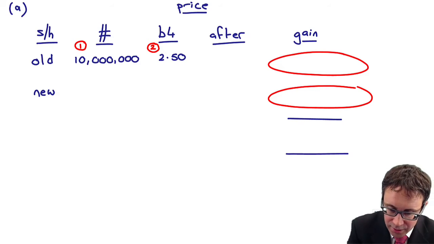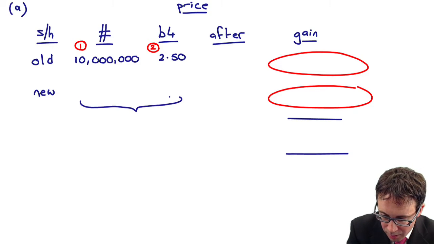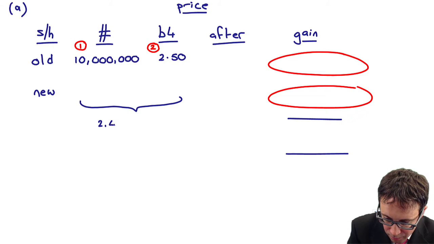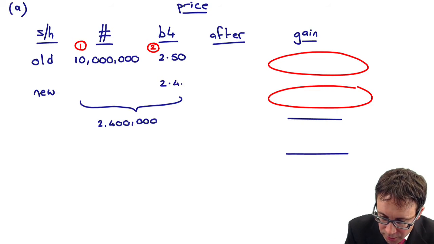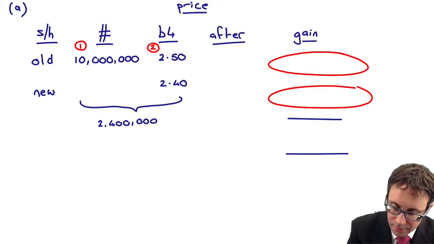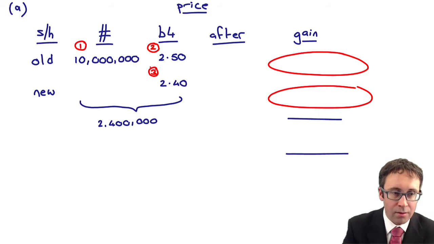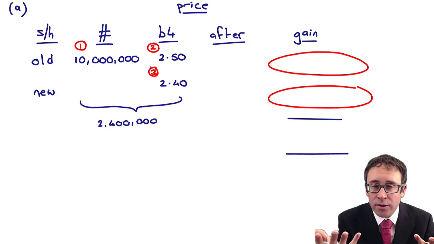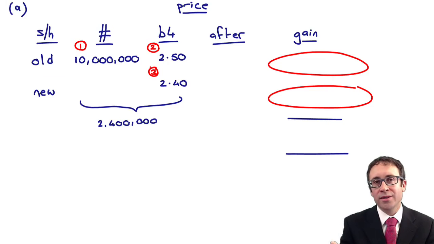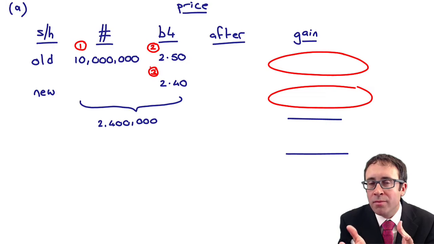So when I look at the number of new shares issued and also the price before, that needs to come to 2.4 million. Well, we know from the question in part A that the shares were going to be issued at $2.40. Why $2.40? Well, that's what's in the question. But what we can note is that the price is less than the current market price to entice the new shareholders to buy those shares. You're not going to buy shares if they're priced above $2.50, are you?